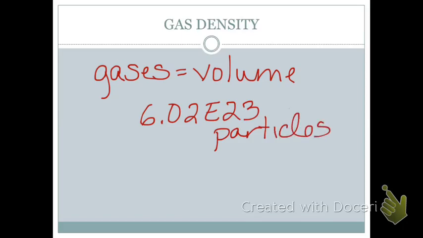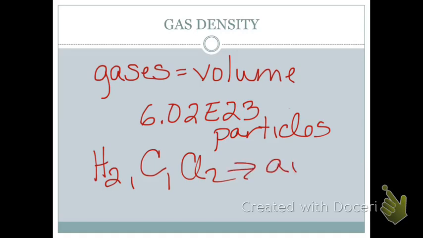And that is going to be the same for every gas. So whether we're talking about hydrogen gas, or carbon gas, or chlorine gas, if I take 6.02 E23 particles of each one of these and put them in air, I can determine whether that gas is going to float in the air, sink in the air, or hang suspended in the air based on looking at their densities.